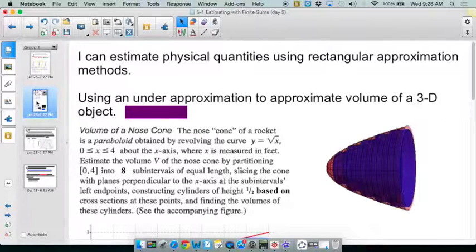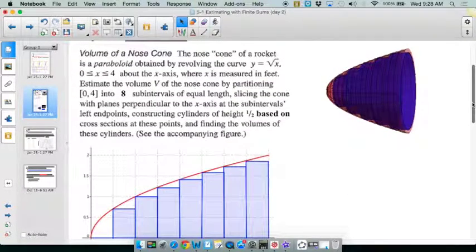So this nose cone is kind of, well, it's not really a pyramid because it doesn't come to a point, but it is the edge of this nose cone here.